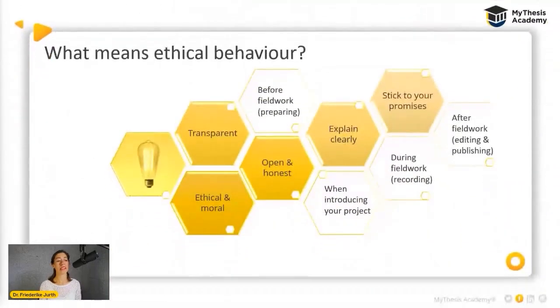Then we will have a look at what is ethical behavior. So what is part of it? First, it means to be transparent. So it means to be open and honest to the participants, to explain to them in a clear and understandable way what you are planning to do and how you do it, and also what will be published.